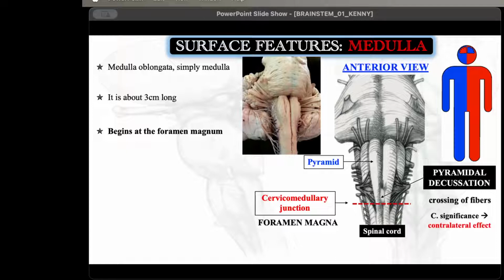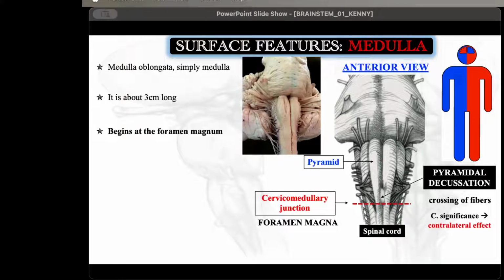And if someone has an injury or lesion on the right side of the brain, the deficit will be seen on the left side. What determines the motor deficit on the contralateral side is the pyramidal decussation. We discuss it sometime later.